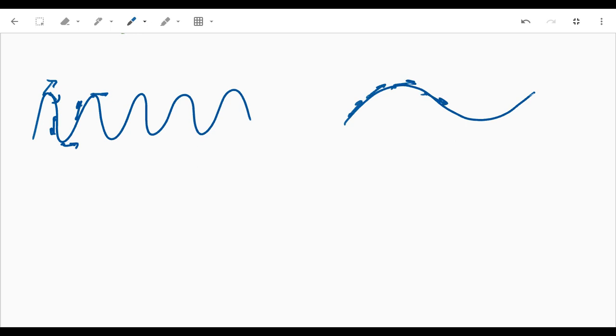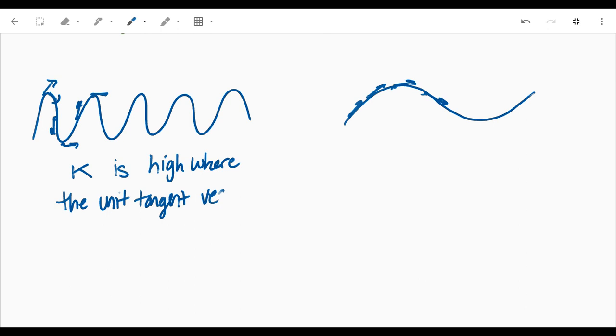Our function for curvature is this little weird k. K is high where the unit tangent vector changes direction quickly. It's not changing magnitude ever because it's a unit tangent vector, which means the magnitude is always 1. It's the direction.